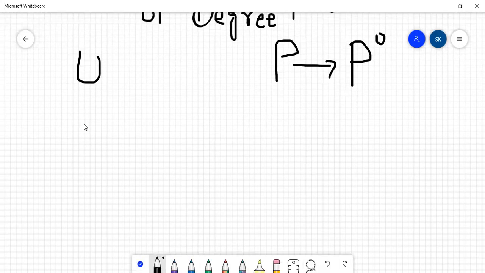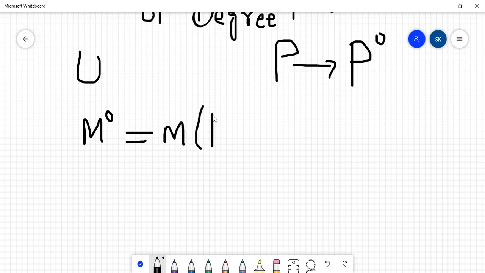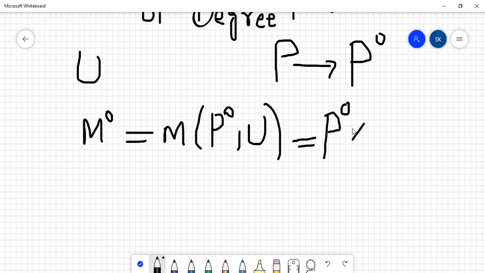Now let m naught be equal to the expenditure. Of course, when this is m naught, then the value of p will become p naught, and again we know that the utility level will remain the same. Therefore, it is now equal to p naught, the prices, times x naught.